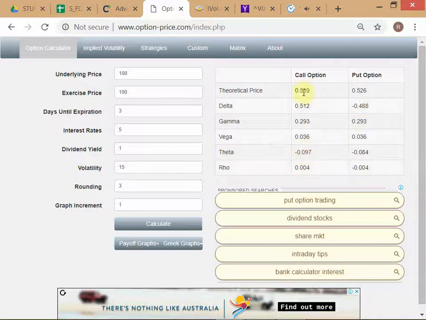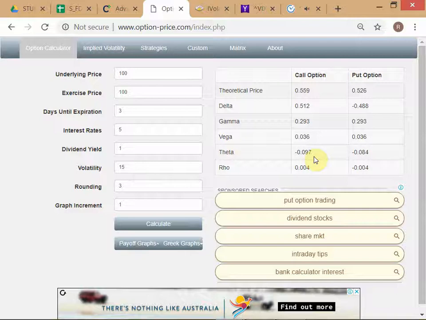What does this mean? It means that if you go long this option with these parameters, and nothing else happens, ceteris paribus, but one day passes, so it goes from, say, three days to two days, in one day the estimate of the option valuation model is that this call option value of 0.559 will reduce by 0.097.